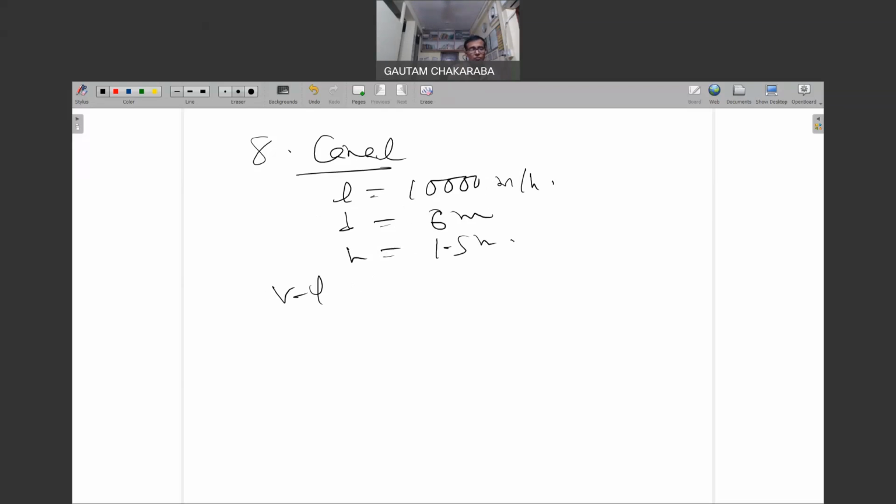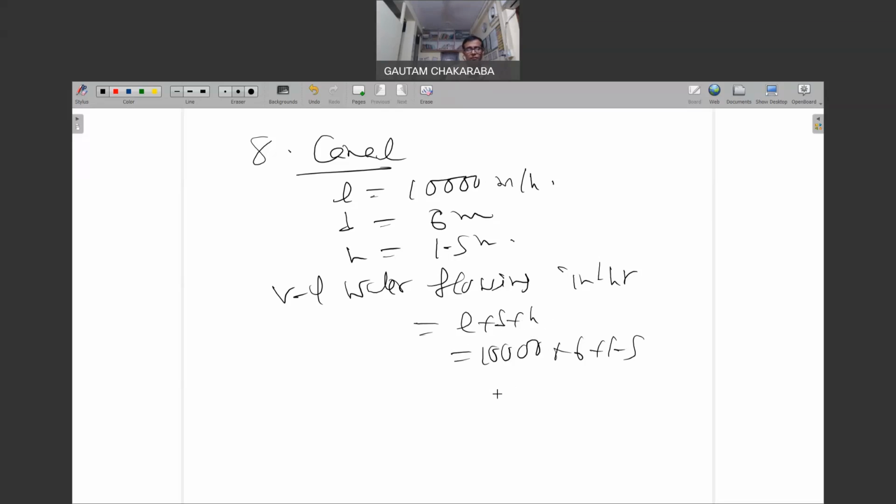Now volume of water flowing in 1 hour is equal to length into breadth into height. So put here 10,000 into 6 into 1.5, that is 90,000 meter cube.